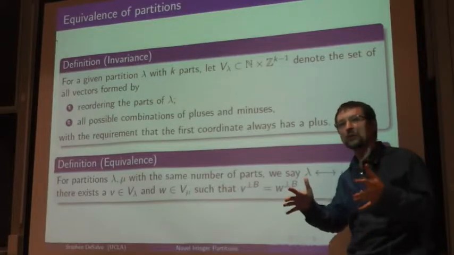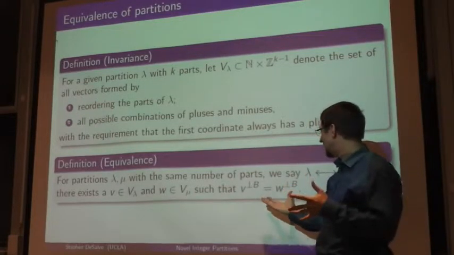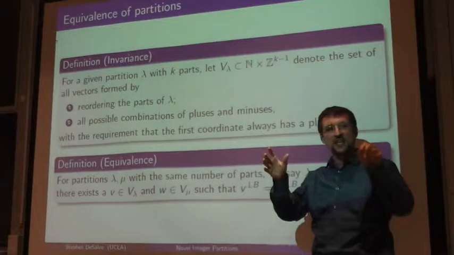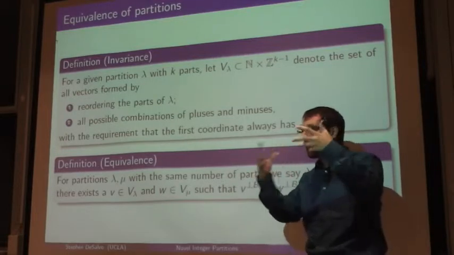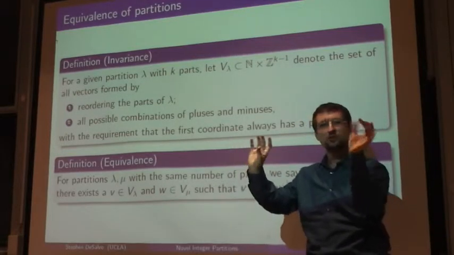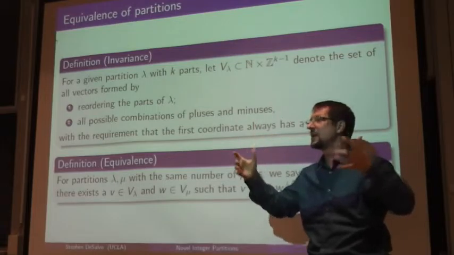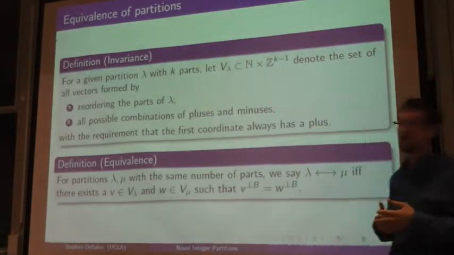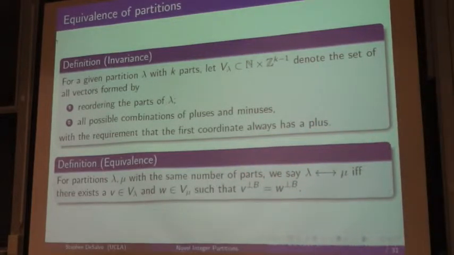In other words, you might try to have this interesting walk structure, but if the walk structures are essentially the same due to reordering and pluses and minuses, we're going to consider them the same. And of course, you probably want to see an example here.